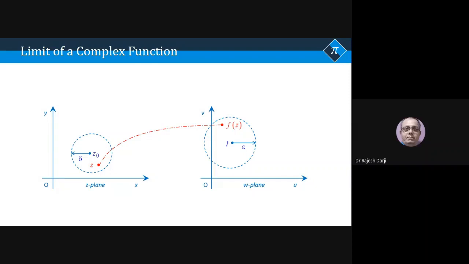So if this is the case, then you can say that limit z tends to Z0 of f(z) equals L. This is a symbol. Means whenever you approach z to Z0, the function will approach the value L.